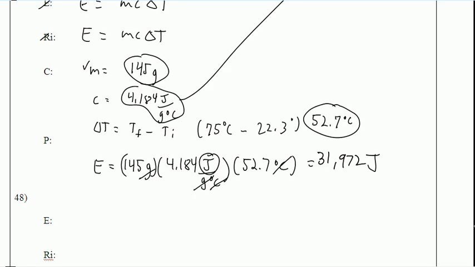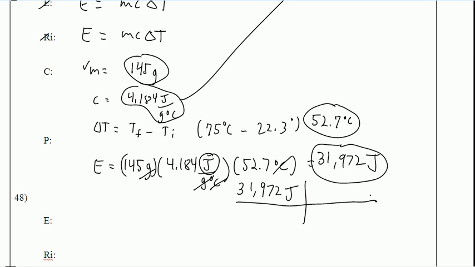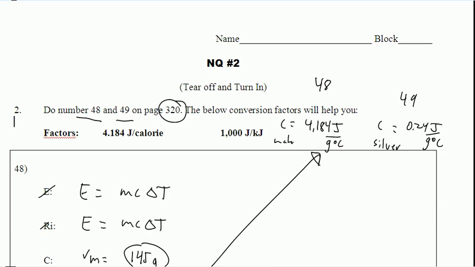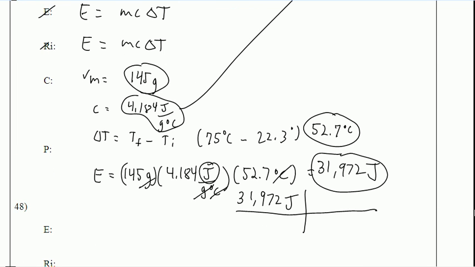But they ask for the answer in calories. So we're going to have to do a quick crisscross here. 31,972 joules. We're going to crisscross it to calories. If you go up to the conversion factor that I gave you, there is 4.184 joules in every 1 calorie.